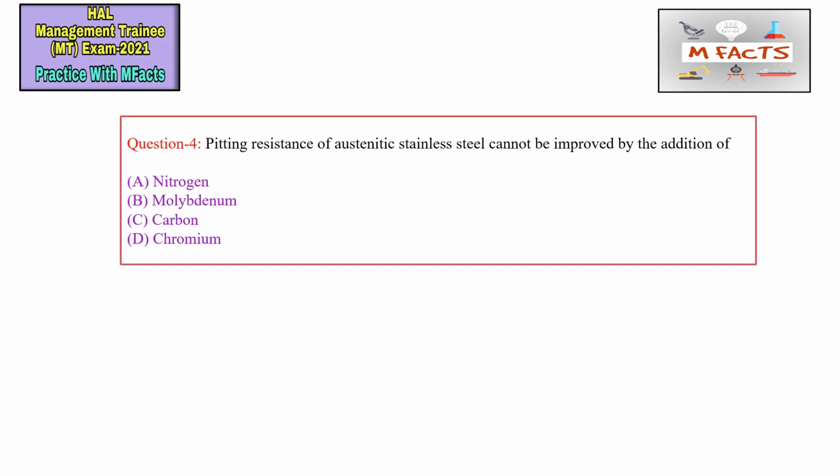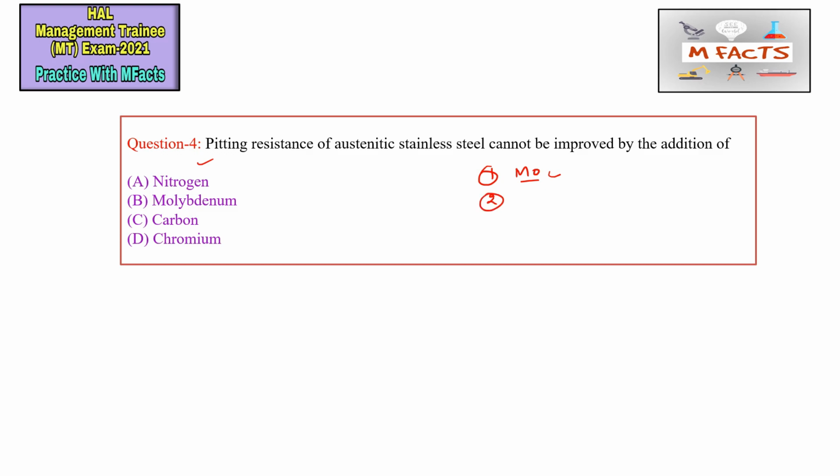The next question is, pitting resistance of austenitic stainless steel cannot be improved by addition of which element. Suppose we have stainless steel and we want to improve the pitting resistance. The first element we add in stainless steel is Mo, for avoiding pitting corrosion. This is used for pitting resistance.